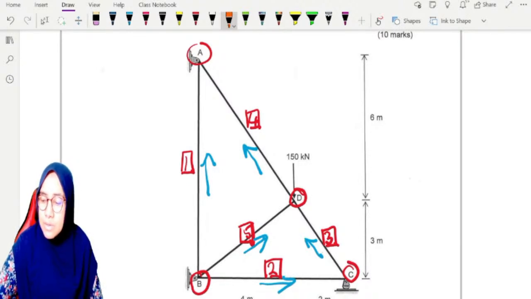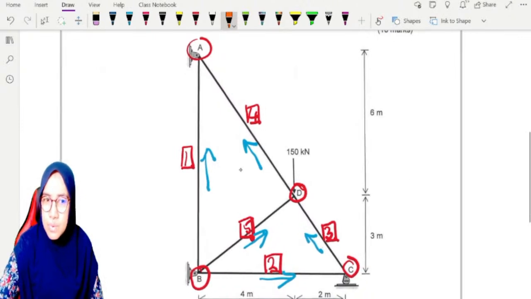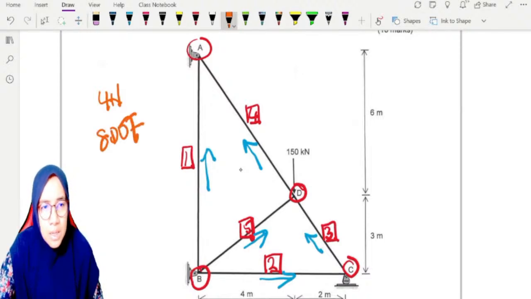So total nodes is 4 nodes, which is equivalent to 8 degrees of freedom. By looking at the support, there are 5 unknown reactions.